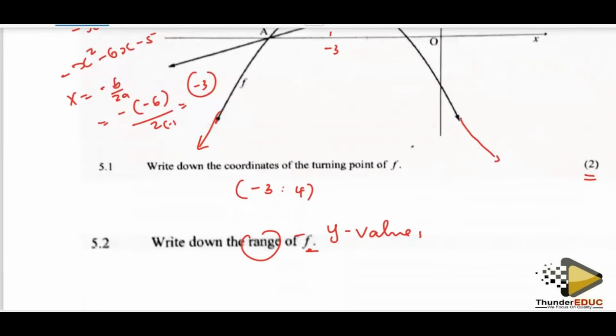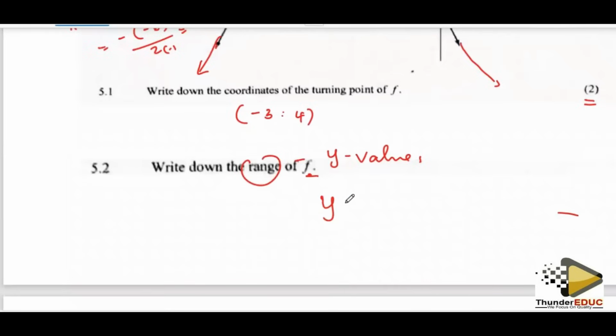So I'm going to say y is less than or equal to 4. Alternatively, someone can say negative infinity is less than or equal to y, less than or equal to 4. This is also acceptable.